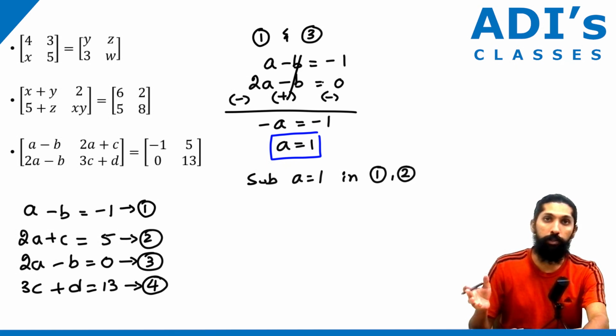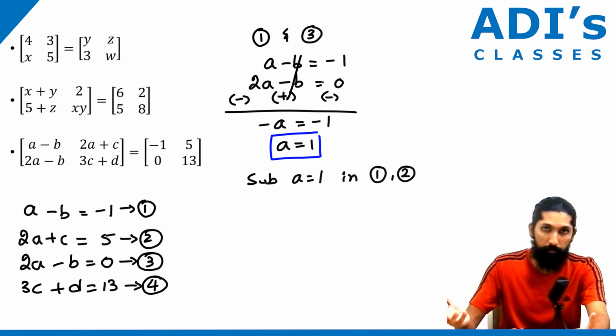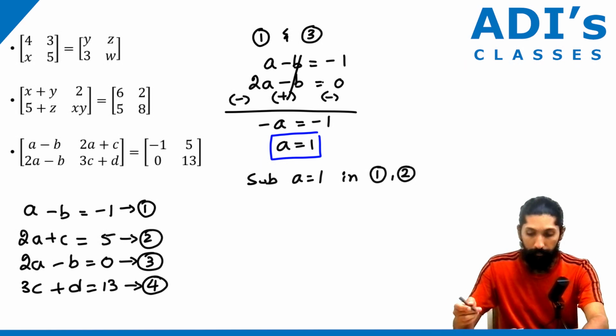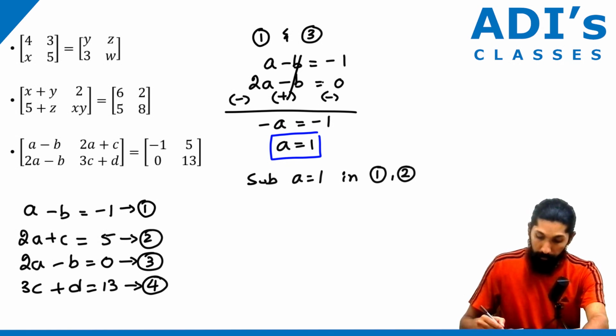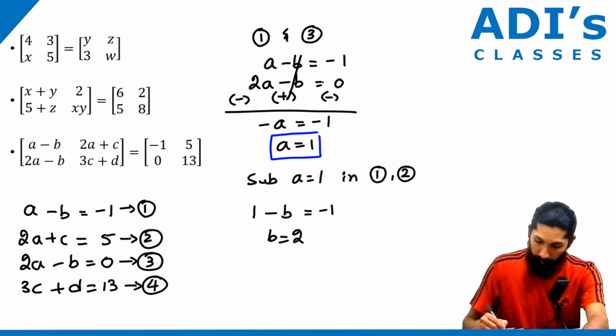Or you can keep it in equation 2 and equation 3. It doesn't make much of a difference anyway. Now what do you get? If you substitute in equation 1, 1 minus b is equal to minus 1. So b is equal to 2. So you got the value of b also.